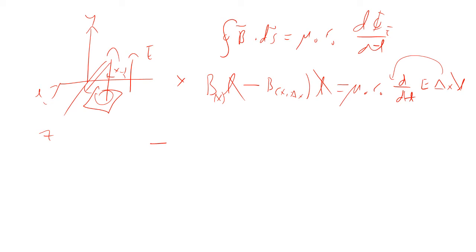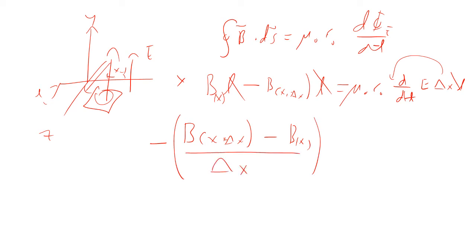So what we have is minus B at x plus delta x minus B at x, all divided by delta x, equals mu naught epsilon naught derivative of E with respect to time. Take a limit as delta x goes to 0.